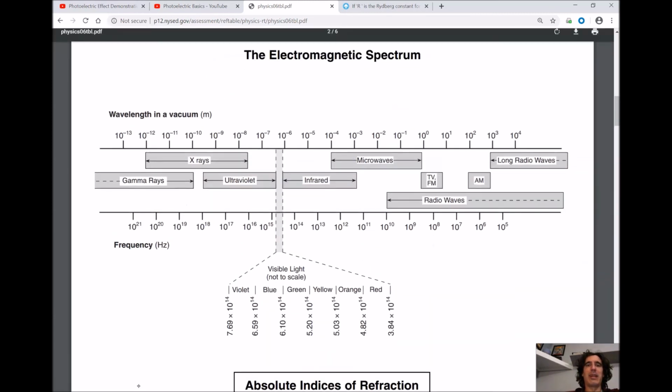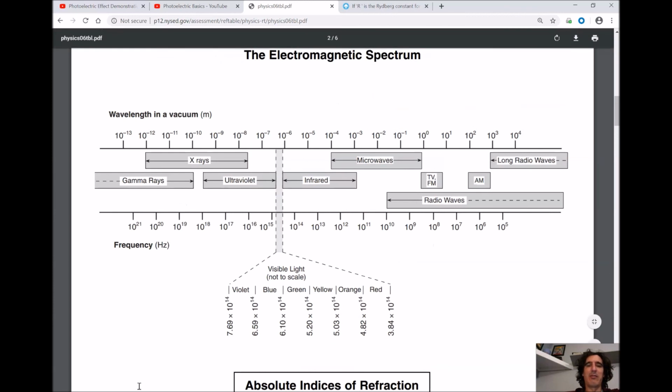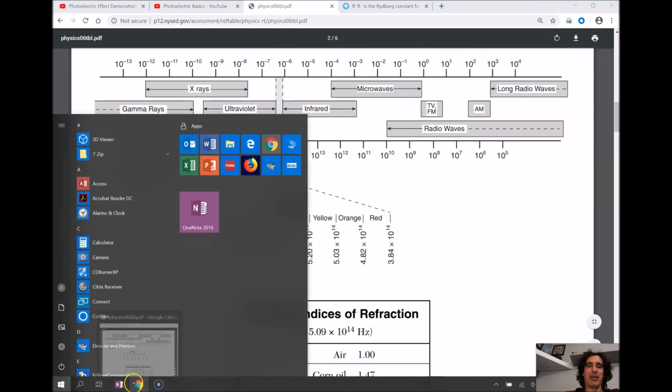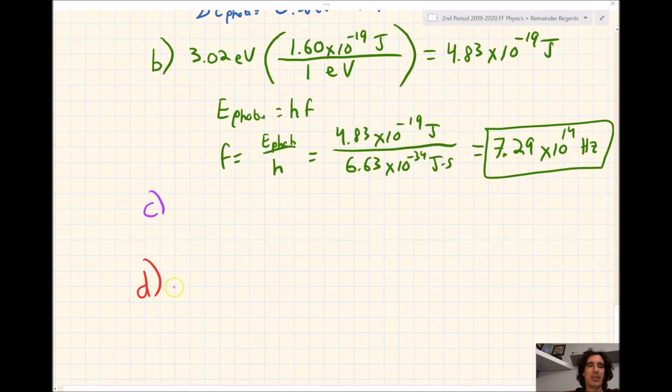We'll look at our electromagnetic spectrum. Let's start with visible light first. 7.29 times 10 to the 14th falls within the violet range. It is possible to get things outside of visible light, so don't think you can't get something that's not visible light, because you can. Letter D is violet.